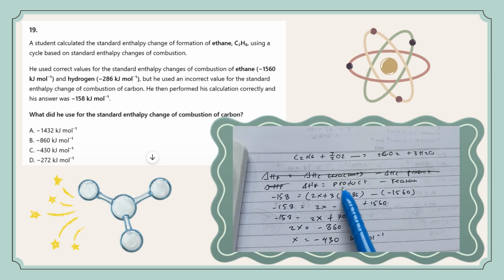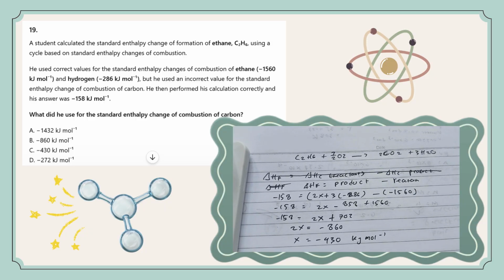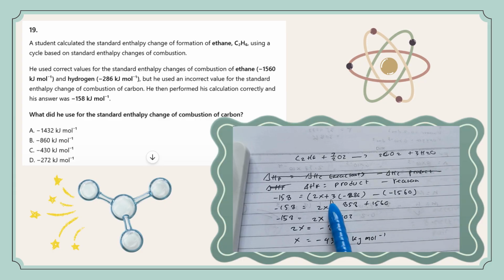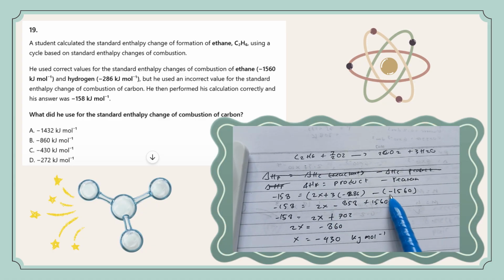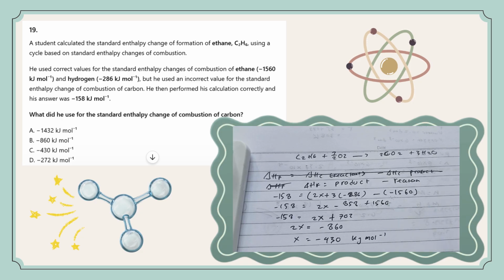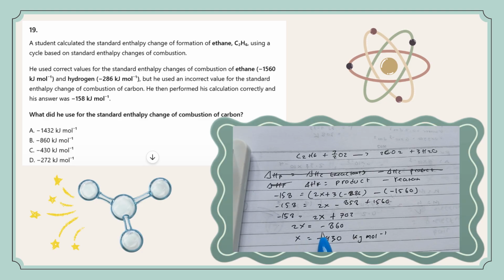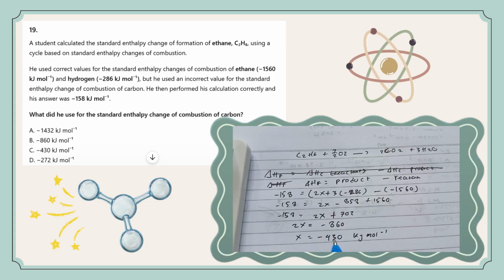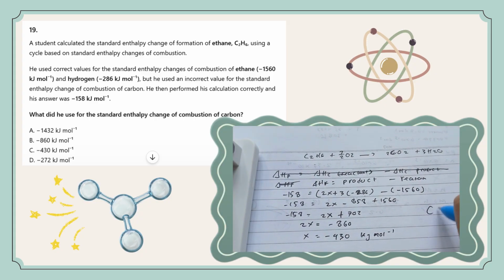Then we search the product first, 2 carbon dioxide, which is what we want to find, and 3 of water, 3 times minus 289, and minus the reactant, which we also know from the question, minus 1560. So we calculated and get x equals minus 860, and x equals minus 430. So for this question, the right answer is C.